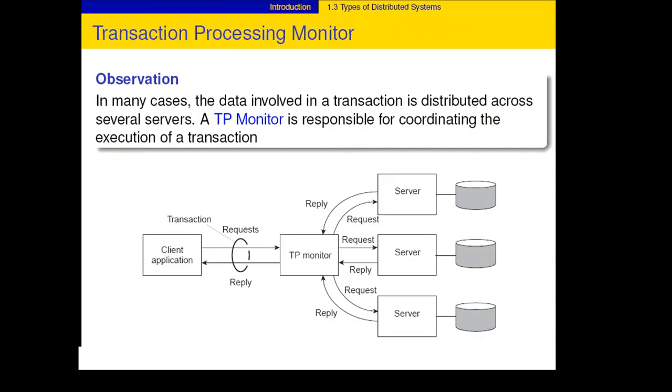Transaction processing monitor. What is a transaction processing monitor? In many cases, the data involved in the transaction is distributed across several servers. We talked about distributed systems, and distributed systems include some machines that are connected through the network, and the whole network can be used for one application.